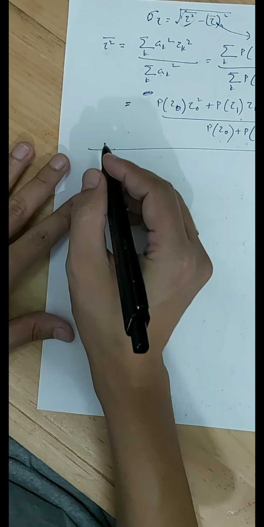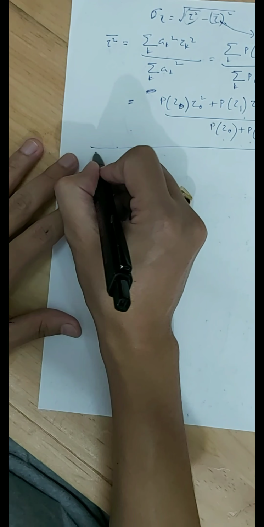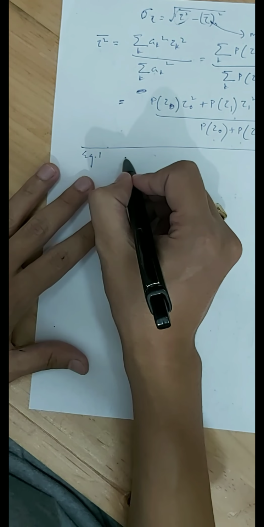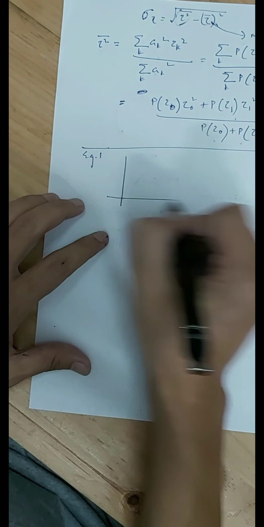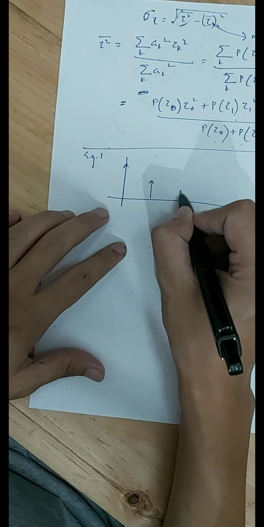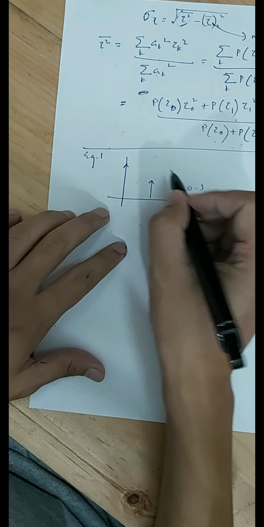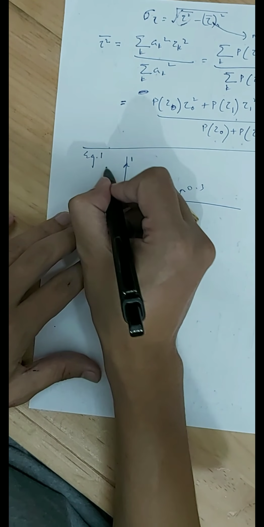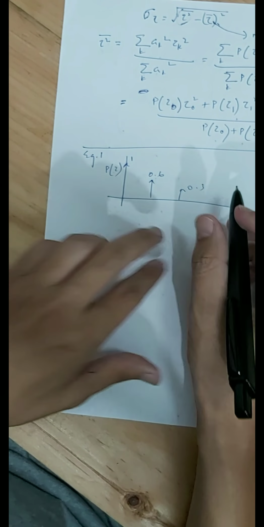So let's take one example, one numerical, example 1, which will make it more clear. Let's say this is your given PDP.